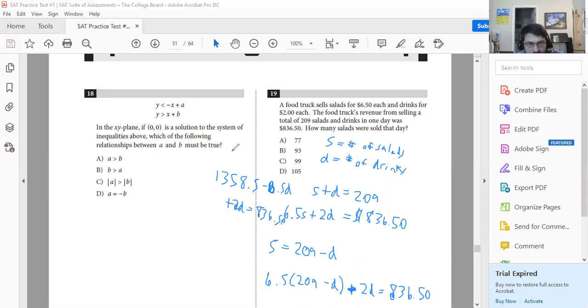So we have the 1358.5, and then let's do minus 836.5, 522. So we just subtracted that, 522. This will be minus 4.5 D equals 0. 4.5 D equals 522.